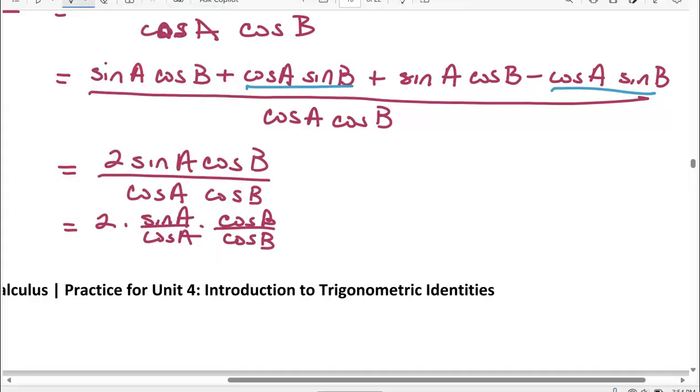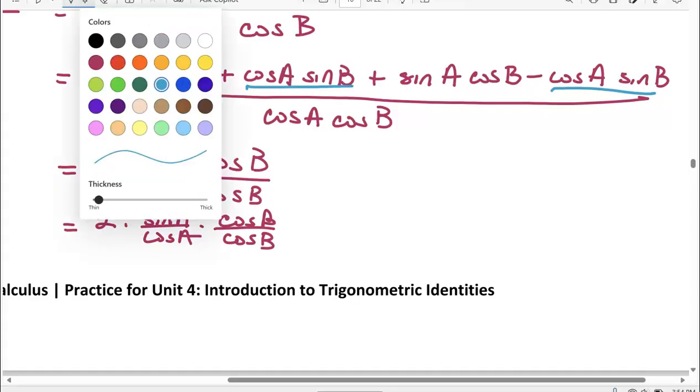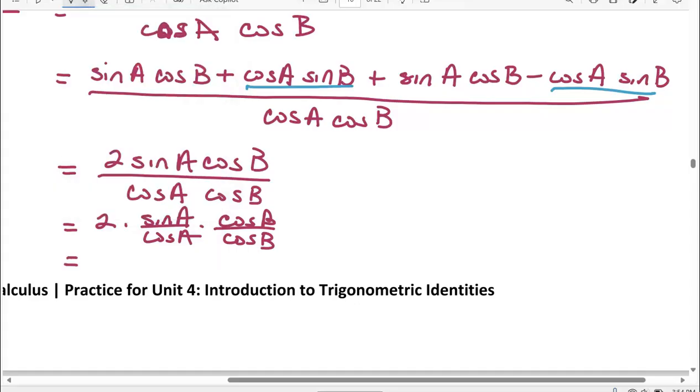And so what we can see here is that this is equal to 2 times, and sine A over cosine A is tangent A, and cosine B over cosine B is just 1.